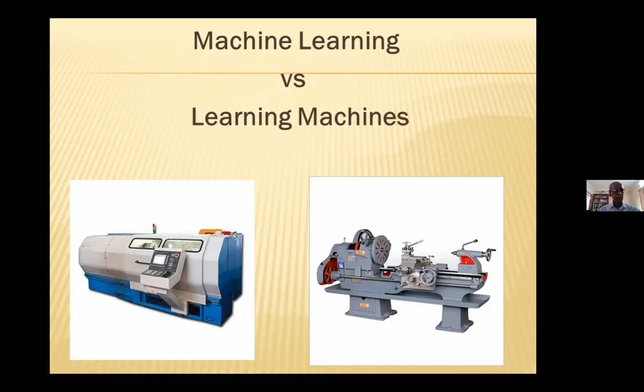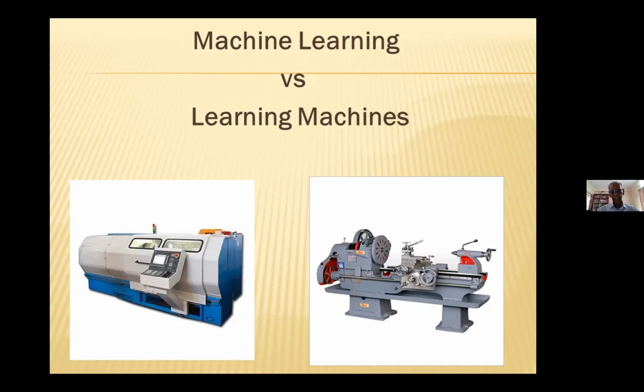It therefore seems that learning machines, that is, learning how the machines work, is probably more important than machine learning. And this is where the knowledge of tribology is essential to make machines and manufacturing more efficient and safe.